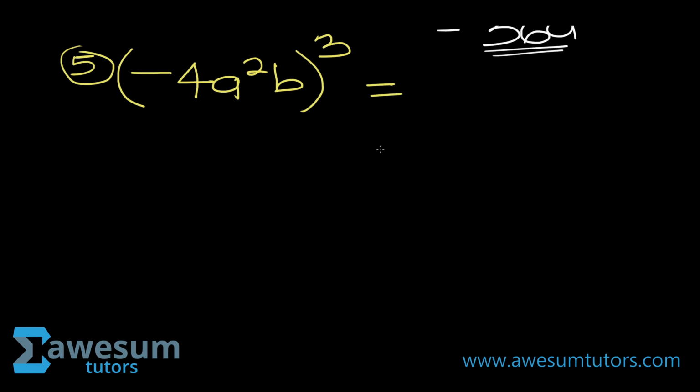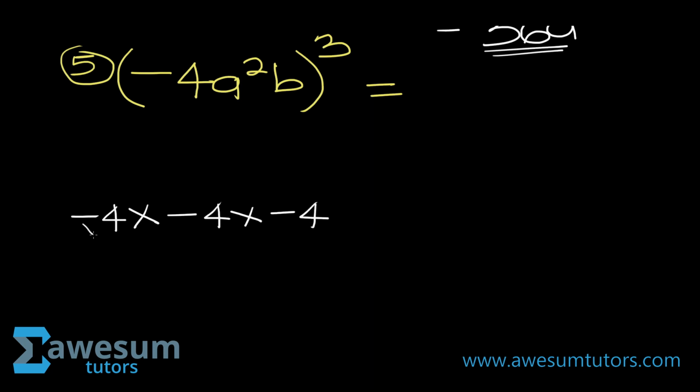What we need to do right here is also to use our product power law, which says that this 3 will be distributed on each of these factors. Okay, and if you take a look at this is negative 4. Negative 4 is raised to the power of 3. So that means I have negative 4 times negative 4 times negative 4. That is what it means.